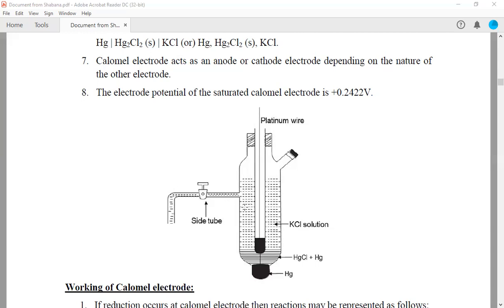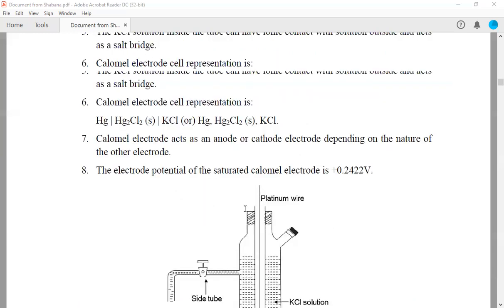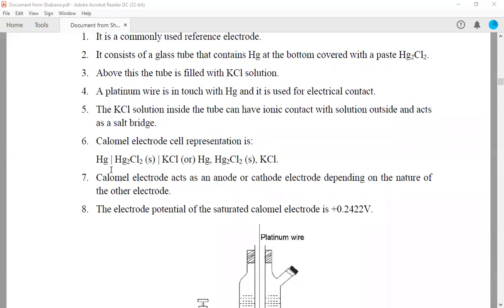The electrode is represented as Hg2Cl2, which is in the solid state, with an electrolyte, that is KCl, or it is also represented like this: Hg, Hg2Cl2, KCl.